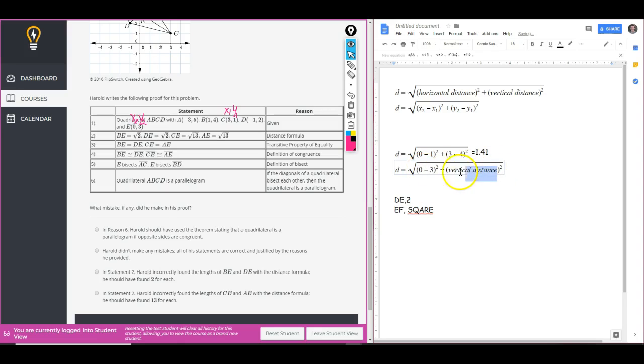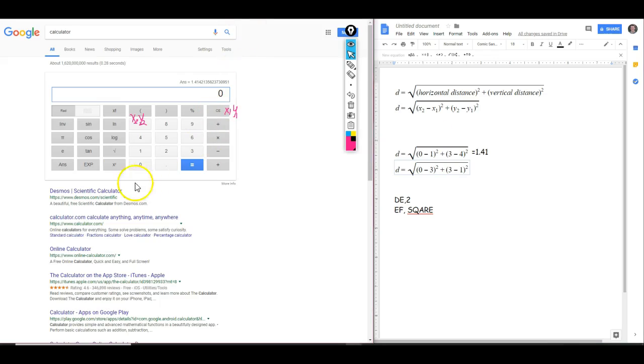Our vertical distance is the difference between our y coordinates, y2 minus y1, so 3 minus 1. Jump over to the calculator: square root, parentheses, 0 minus 3, close parentheses, squared, plus parentheses, 3 minus 1, close parentheses, squared. This equals 3.6.